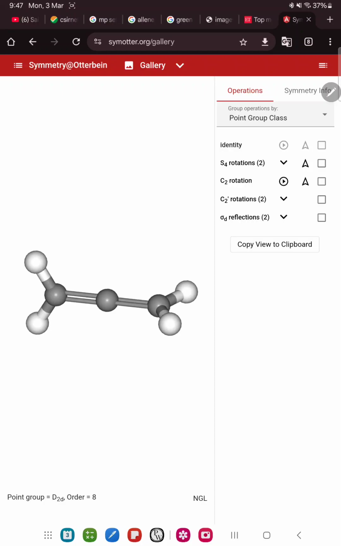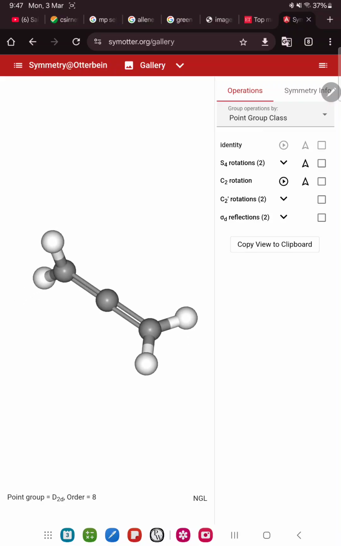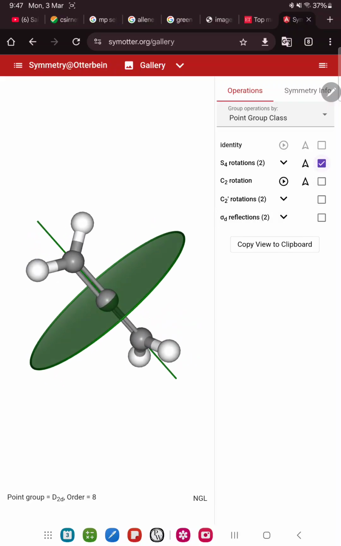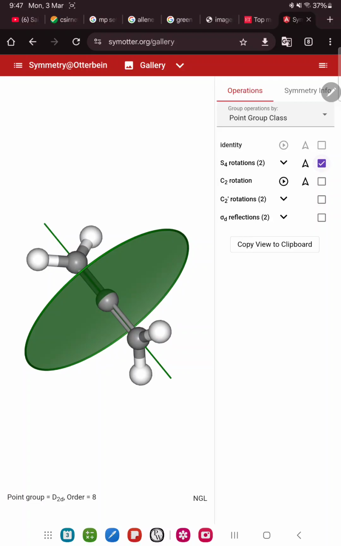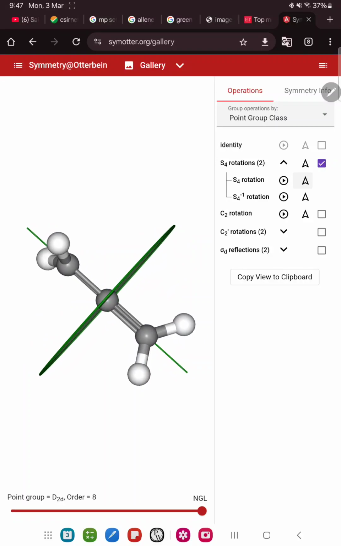So let's take another example, S4. Here we know that this is the rotation that is followed in S4 geometry.